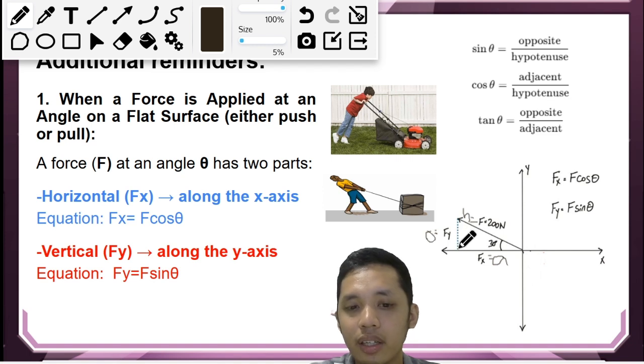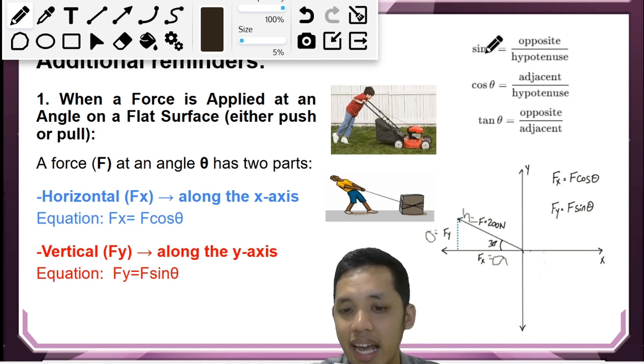This time, we will be using the trigonometric functions. Sine, cosine, tangent. Or the SOH, CAH, TOA. Okay? Why SOH?